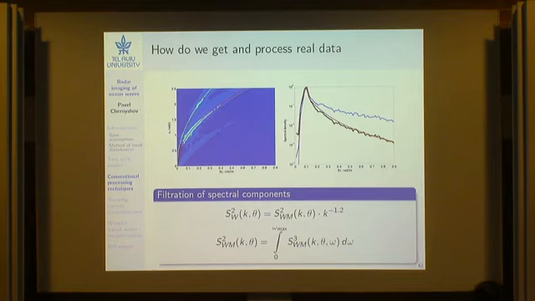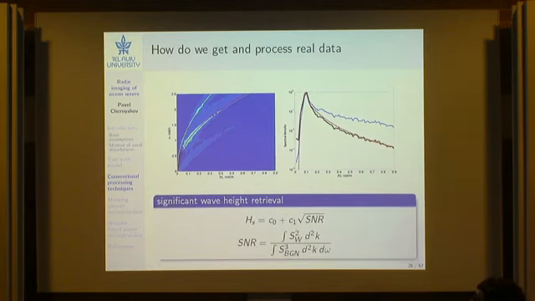This is a mostly empirical modulation transfer function, because theoretically it's rather hard to investigate this problem. So what could we get? We could clearly get the peak of the spectrum, and it's already a lot. Even the peak wavelength, and also the peak direction if you look in another projection.